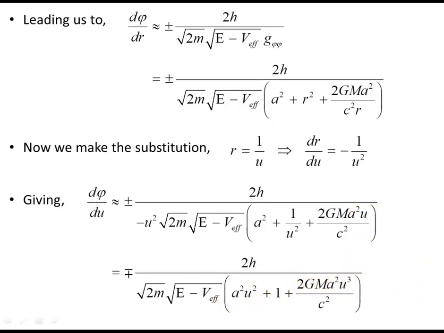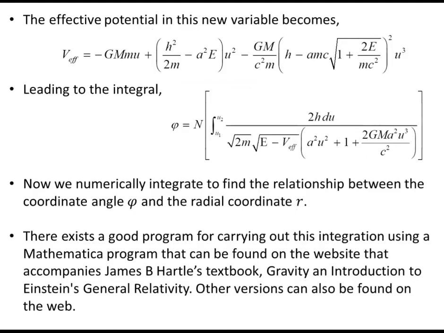So it's looking all right so far. I can say that because I know I've used it in the Mathematica notebook and it works. So the effective potential in this new variable becomes this object here. And that is what we'll put in the Mathematica notebook, and that's what's taken me all this time to get here, because I need to justify why I'm using this.